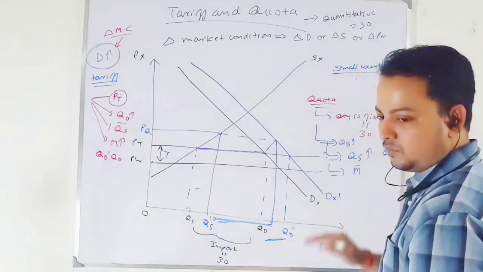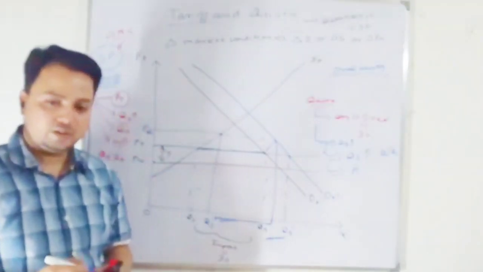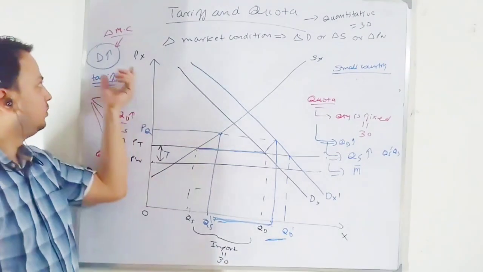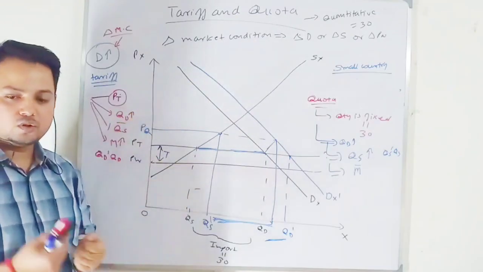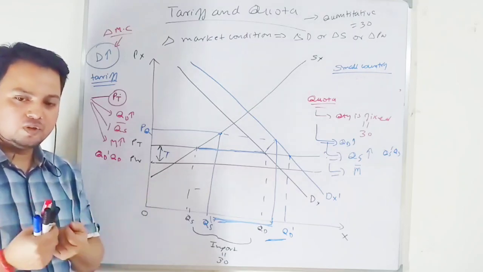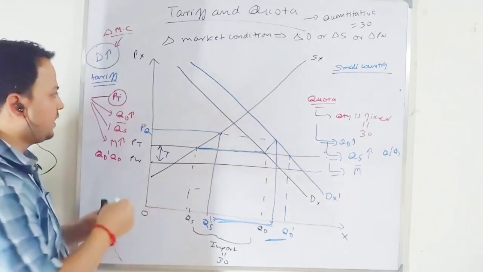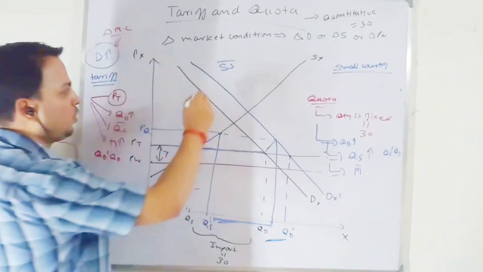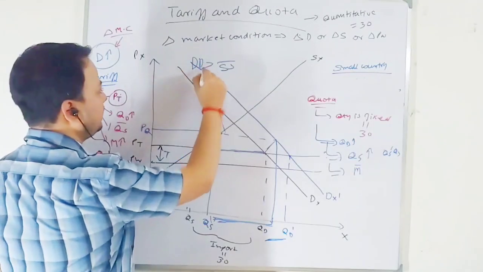So here, when demand increases, what we see is that quota is more protective. In case of increase in demand, which one is more protective? Quota is more protective. Why? Because quantity is fixed, so the amount that I am importing is fixed. If there is an increase in demand, who will supply that? Given the supply is fixed at a given price from the domestic producer, and from outside also I fix it, if demand is greater than supply, what will happen?